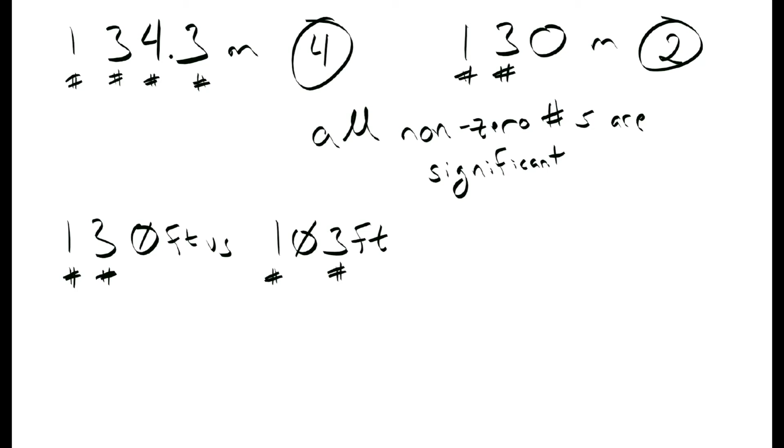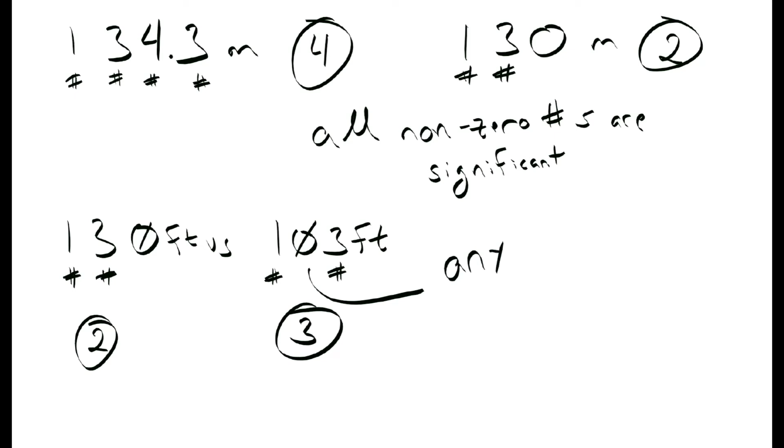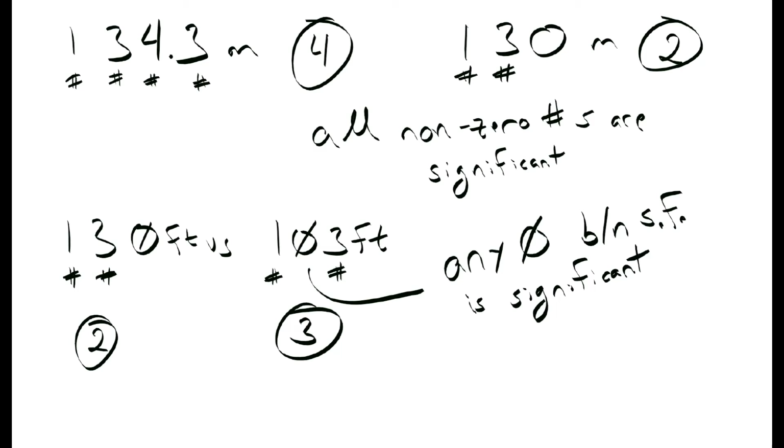Okay. But 130 only has 2 sig figs, 103 has 3. Any zero between sig figs is significant.